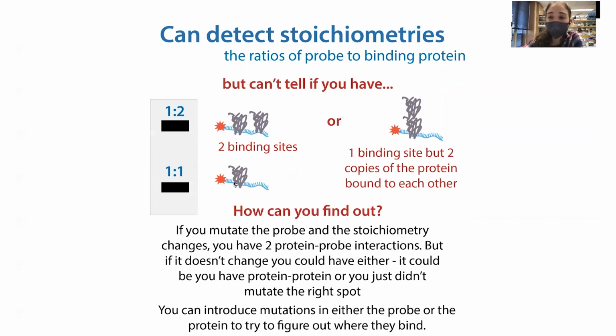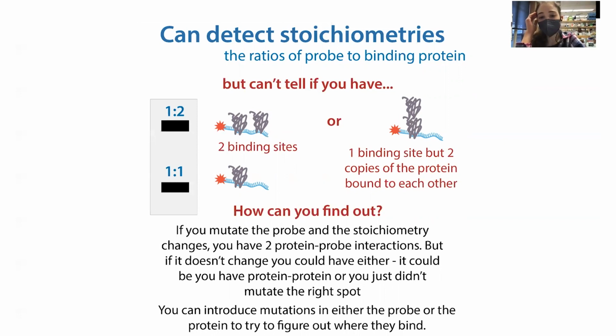However, if you mutate the sequence where you think it should bind and you lose the binding, that tells you yes, you actually were binding in that spot. But you have to know where to make the change, or do some sort of testing of random ones, to somehow narrow down what it is.